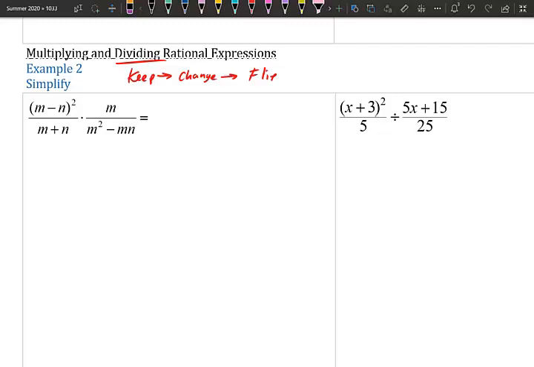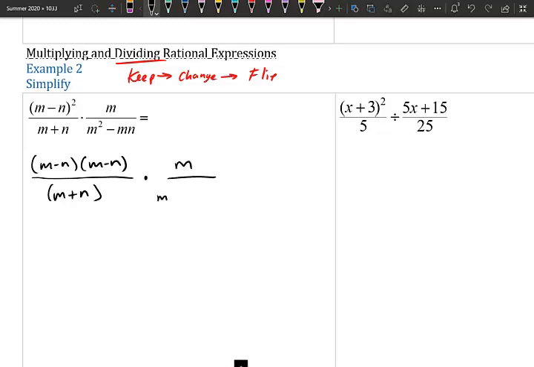So m minus n squared, that's the same thing as m minus n and m minus n. I know I said that weird. It's m minus n squared, my bad. On the bottom, we can't factor that, so that's m plus n times, I can't do anything onto the m, so m over, I can factor here, we can take an m out, so we're left with m minus n.